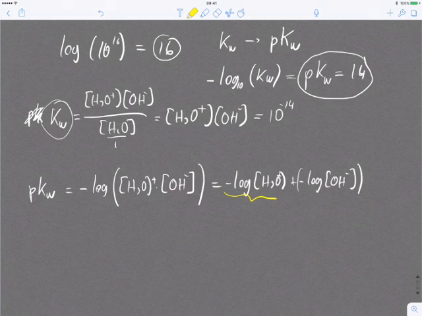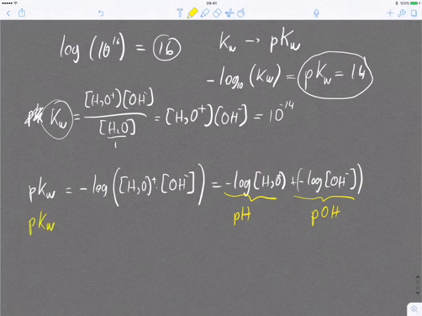This is what we call the pH, and this is what we call the pOH, and this is a pKw.